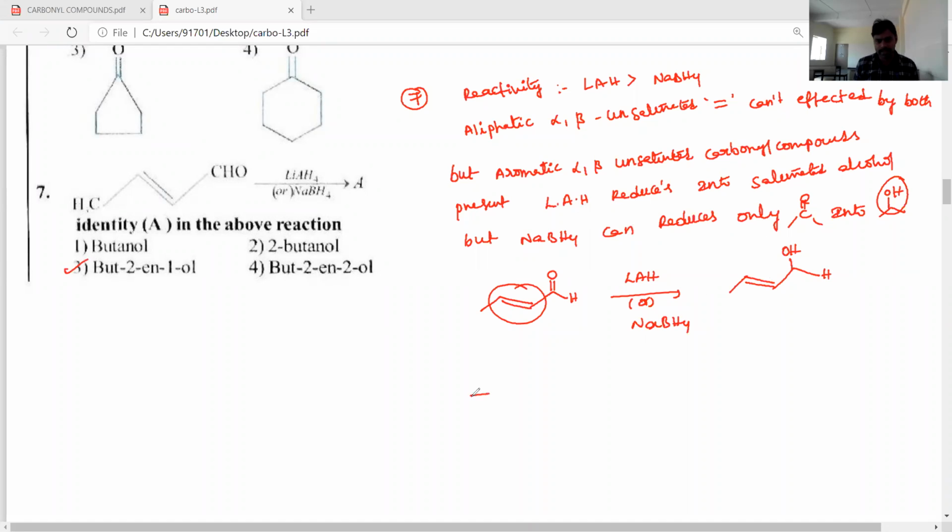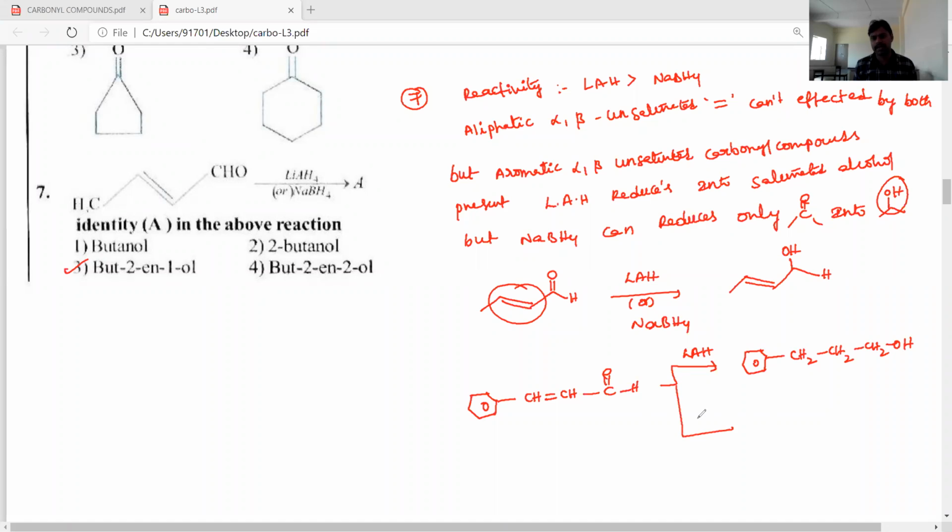Let's see in the same way. Aromatic alpha beta unsaturated carbonyl compounds are present. LAH, lithium aluminum hydride, completely reduces this double bond also, and it is converted into saturated alcohol, CH2 CH2 CH2OH.